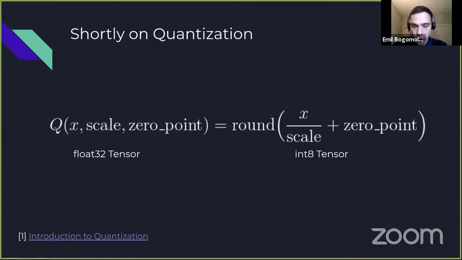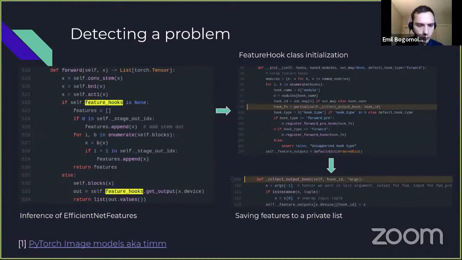Fortunately, at that time PyTorch already proposed their quantization framework inside PyTorch, and I used it to quantize our best lightweight model based on EfficientNet. We decided to go with the library implemented with PyTorch named PyTorch Image Models, also known as timm.